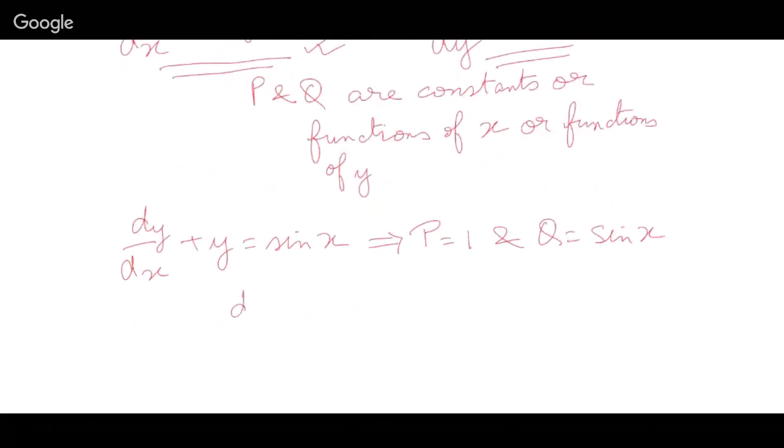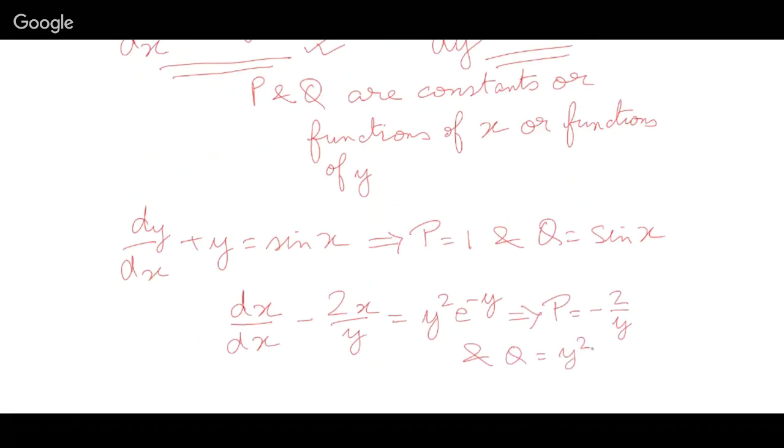Whereas if we have a differential equation of the form dx by dy minus 2x by y is equal to y square e to the power minus y, for this particular form of linear differential equation, p here is minus 2 by y and q is y square e to the power minus y.